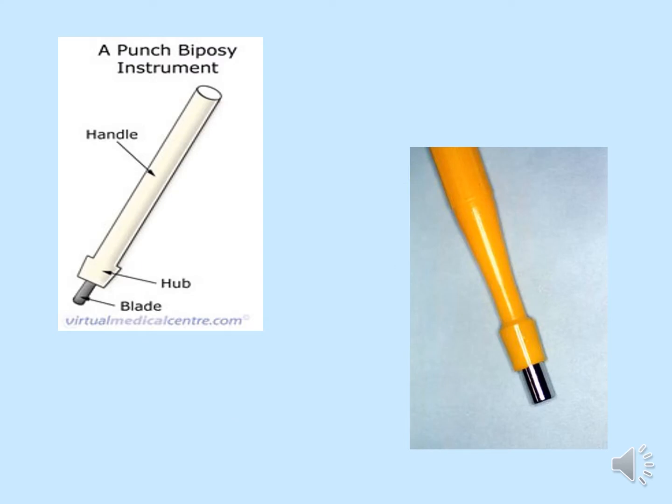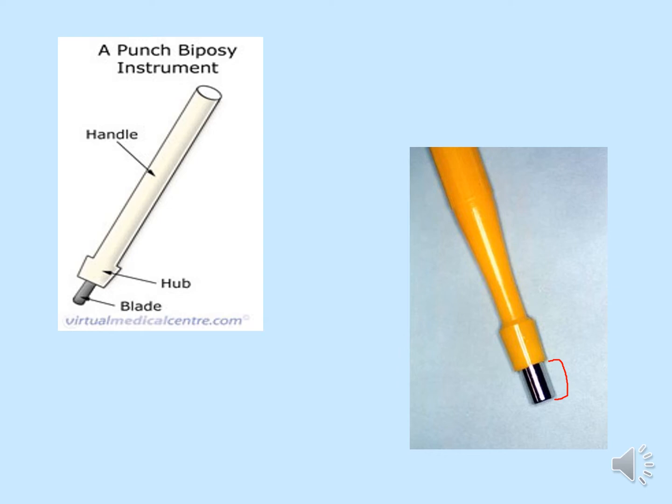This is a picture of a punch. A punch is pretty much like a ballpoint pen. It has a handle, a hub and a blade. You push this blade down through the mucosal surface or through the lesion, and the piece of tissue gets collected in the blade, and this is used for histopathological diagnosis.